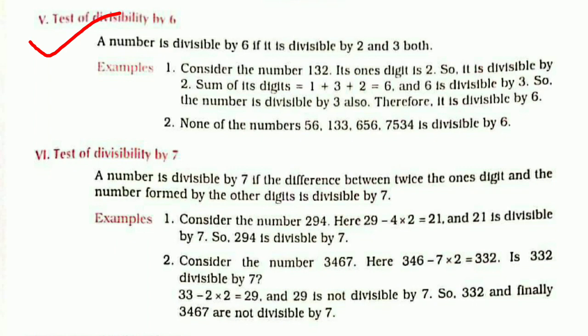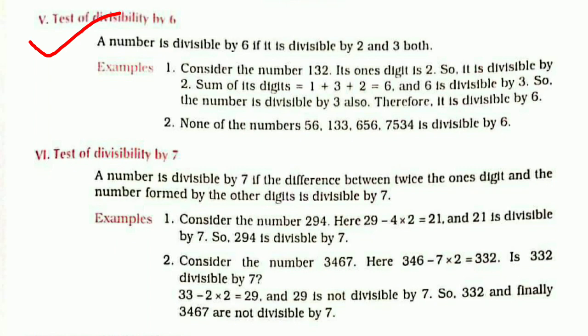And when we add all the digits, the sum is 1 plus 3 plus 2 equals 6, and 6 is divisible by 3, so this number is divisible by 3 also. Therefore this whole number is divisible by 6.